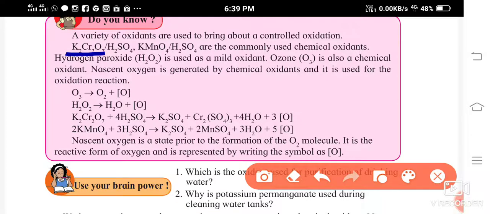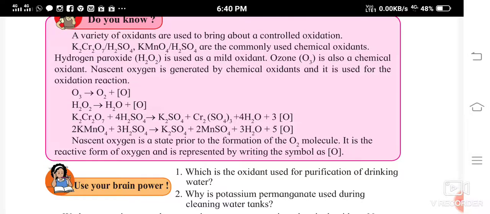Potassium dichromate, K2Cr2O7, with H2SO4, sulfuric acid. Then KMnO4 is potassium permanganate. Again, with sulfuric acid, these are the commonly used chemical oxidants.